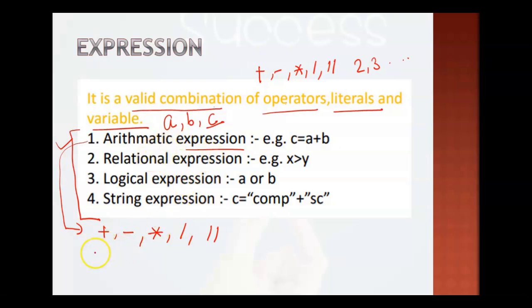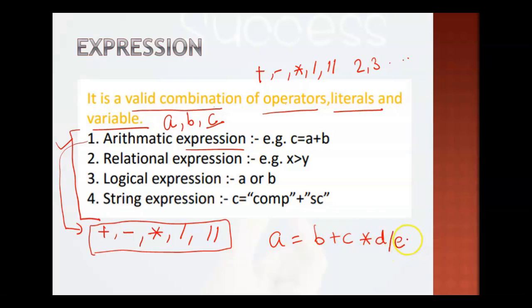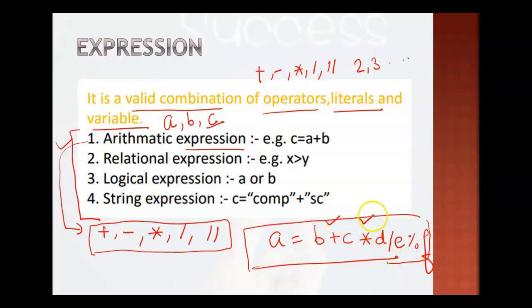If an expression is only a combination of arithmetic operators, like a is equal to b plus c multiplied by d divided by e modulus f, then this is considered an arithmetic expression. Why? Because all the operators used in this expression are in the arithmetic category. So that particular expression is called an arithmetic expression. I think you are clear with this.